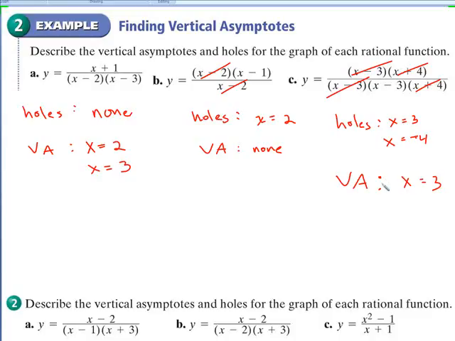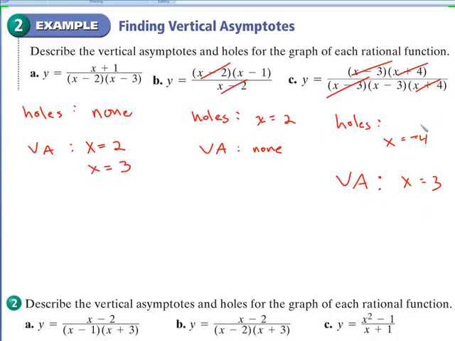Since we have a vertical asymptote at 3, that means that if we have a graph with a vertical line at x is equal to 3, it's not necessary to say that there also needs to be a hole at x is equal to 3. So when you have a hole and a vertical asymptote at the same spot, you only need to list the vertical asymptote, because the graph is never going to cross or touch the vertical asymptote, so we know there's always going to be a discontinuous point at the vertical asymptote.